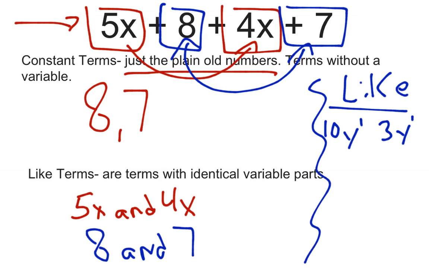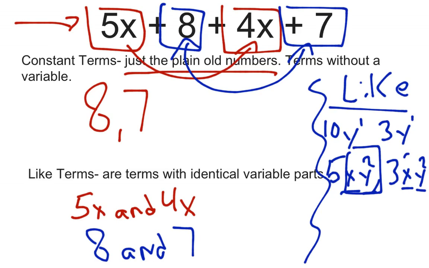These would also be identical variable parts: 5xy squared, and let's partner that up with 3xy squared. Those are identical variable parts because they both have the x and they both have a y squared. The variable parts here are exactly a match. The numbers can be different. It's the variable parts that we're looking for.